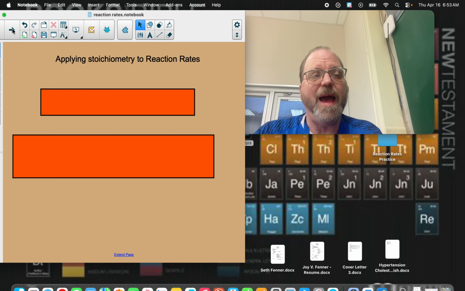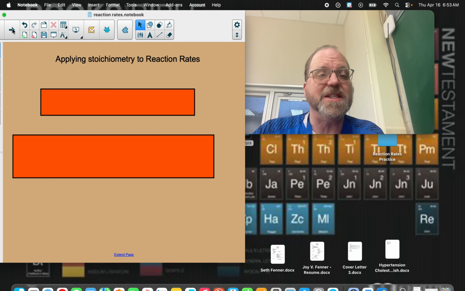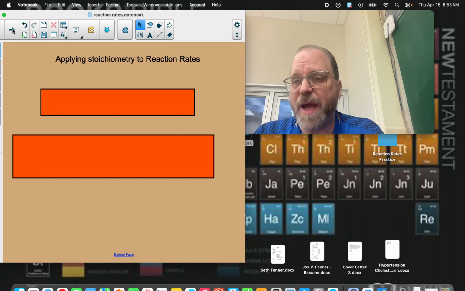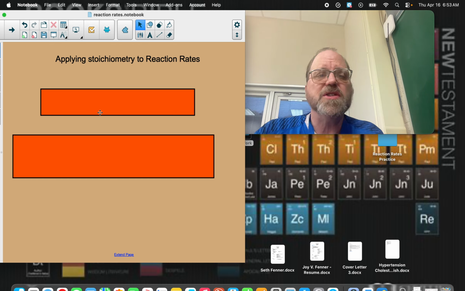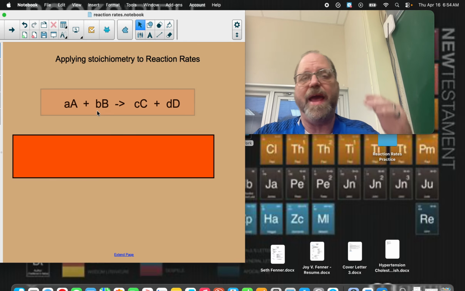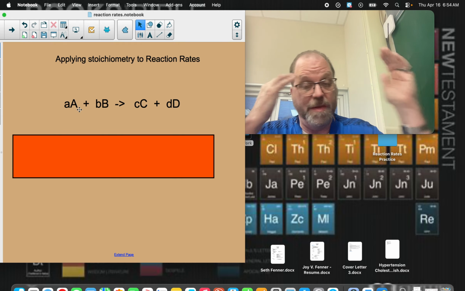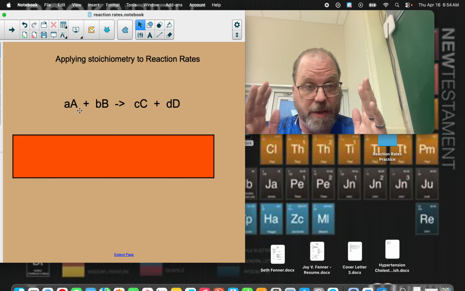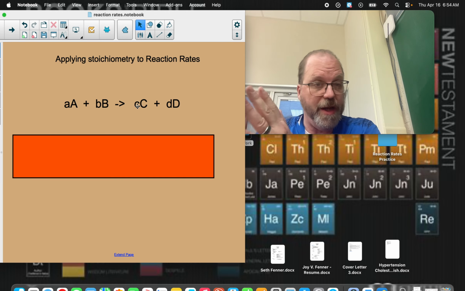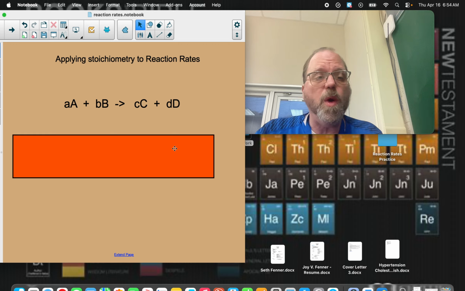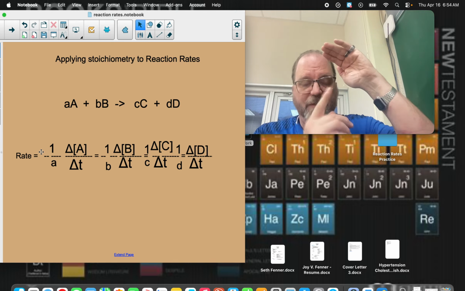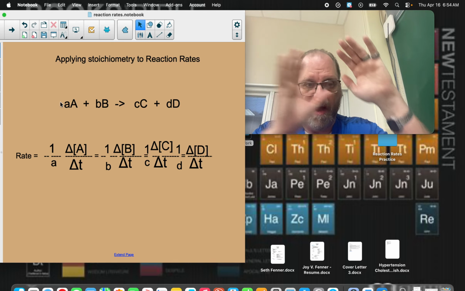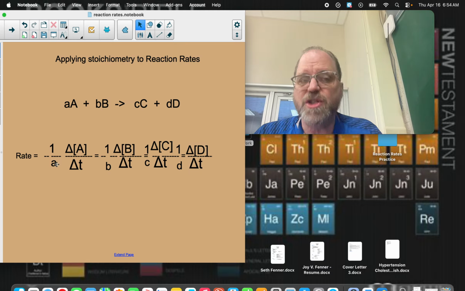All right, now, the only other thing that we're going to look at today is how stoichiometry, remember that concept of balancing reactions, would apply here. So for a reaction where we have the reactants with their exponents, their coefficients, and the products with their coefficients, what we're going to do is take the inverse of the rate of change of the first reactant over time.